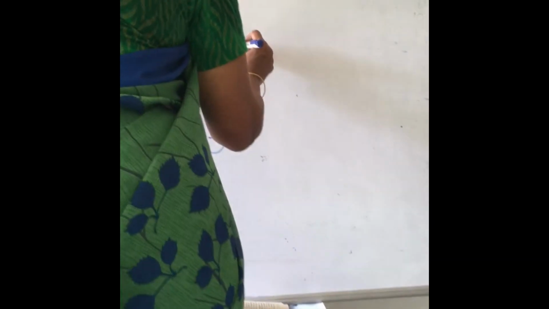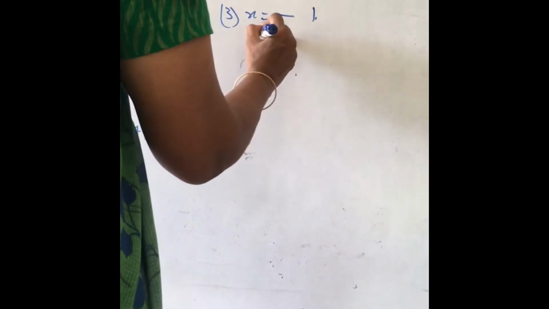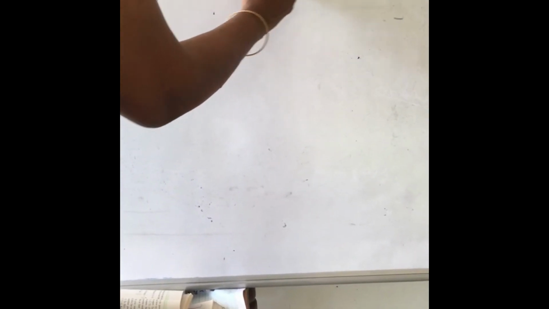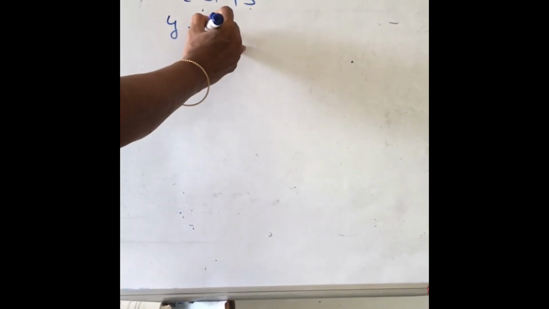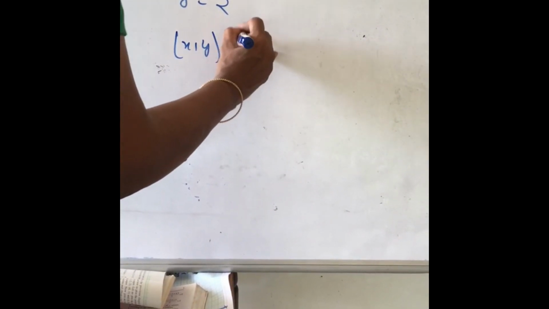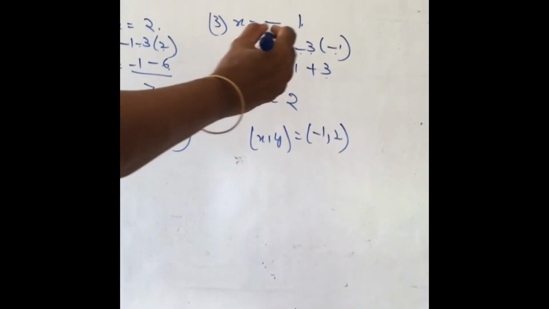Third one, I am taking a negative value, children. x is equal to minus 1. y is equal to minus 3 into minus 1. What is minus into minus? Plus. One term positive, one term negative. Subtract and put the sign of the greater number. The solution is minus 1 comma 2.